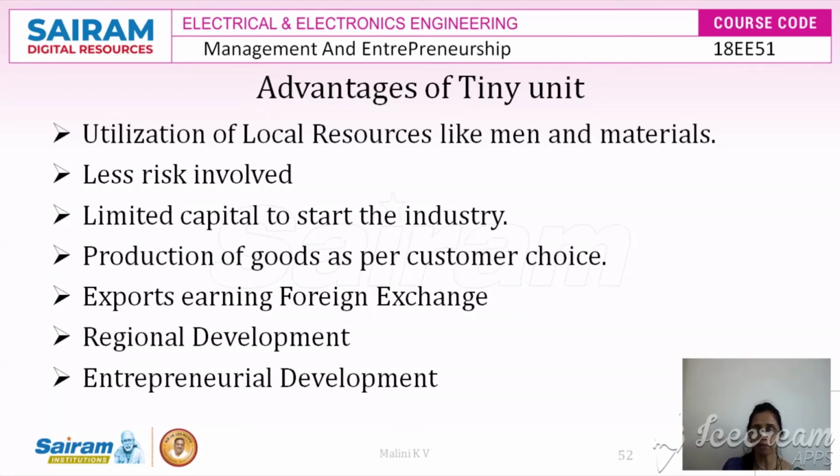For example, there are many units supplying parts to HAL. There are many units in and around Bangalore and other places which supply parts to BHEL, BEML, BEL, and ITI as well. Philips and other illumination units also made clusters. So HMT and ITI, all these units developed ancillary units for their products, and much employment generation happened.